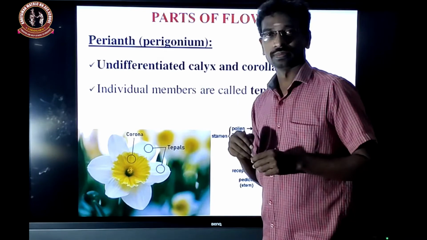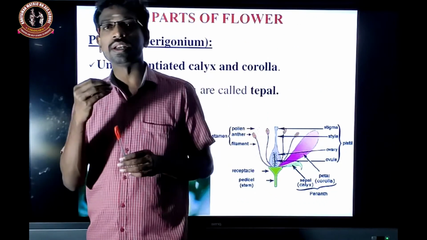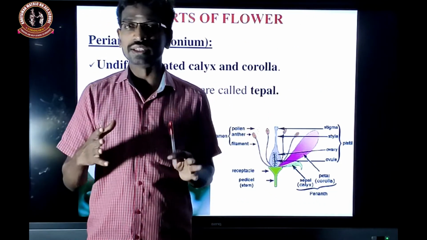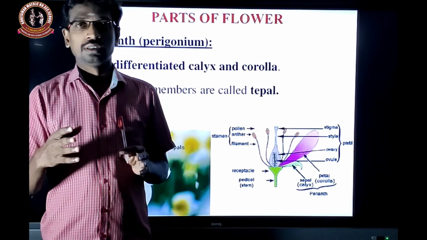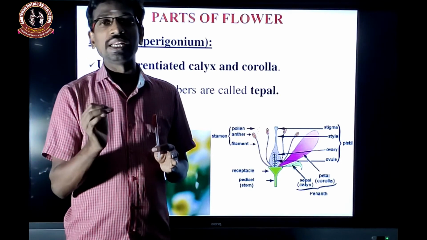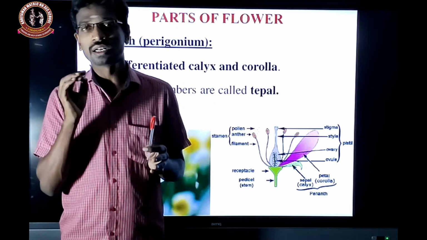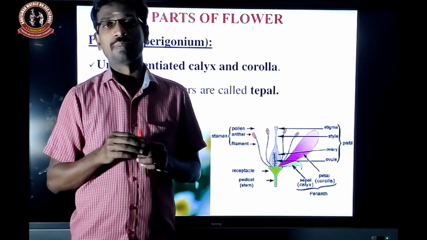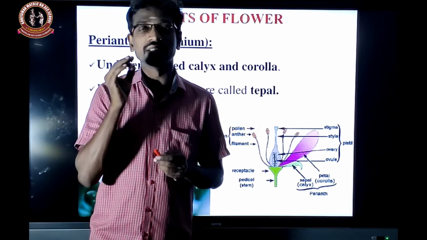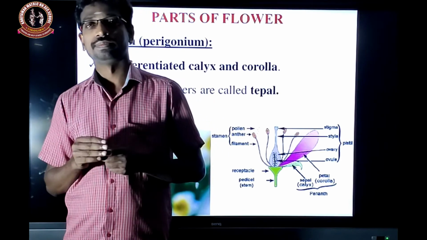And then perianth. Generally the perianth is defined in two ways. In one way, the perianth is undifferentiated calyx and corolla.